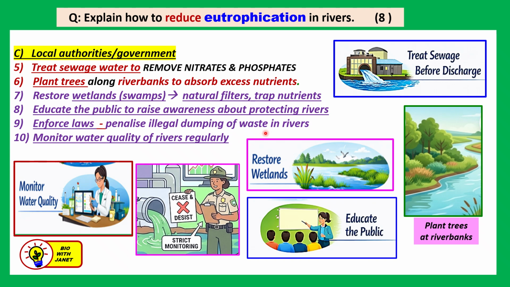This can occur if certain factories don't want to process the waste before dumping into the river. Sometimes this waste matter may contain nitrates and phosphates, depending on what type of factory it is. Lastly, monitor water quality of rivers regularly so that if there's any eutrophication, steps can be taken at the beginning to lessen the impact of it all.